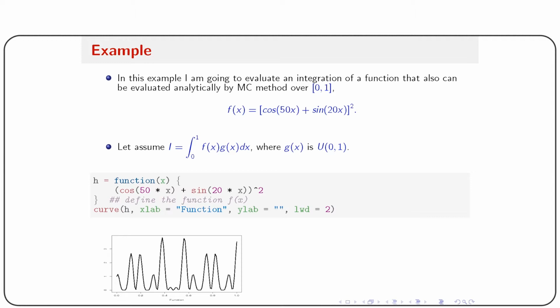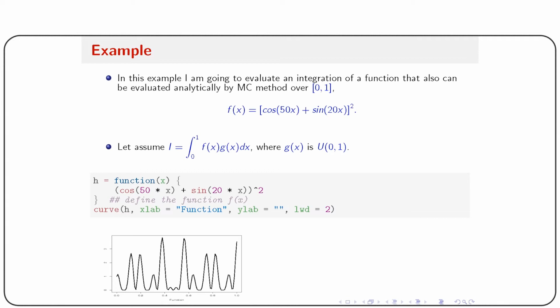Here f(x) is (cos 50x plus sin 20x) whole squared. Then let's assume I equals the integral from 0 to 1 of f(x) g(x) dx, where g(x) is the uniform 0-1 distribution. Let's define the function h, whose argument is x, and that will return the value of (cos 50x plus sin 20x) whole squared.